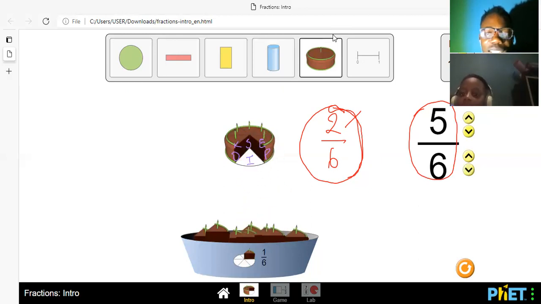Can you see it turns to 5/6? Now, what is the fraction of students that I did not give cake? Calm down and answer the question carefully. What will it now be?